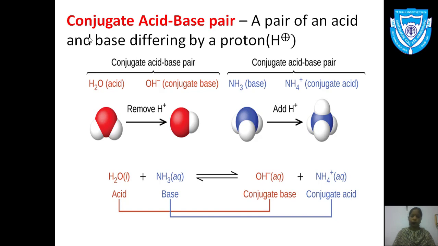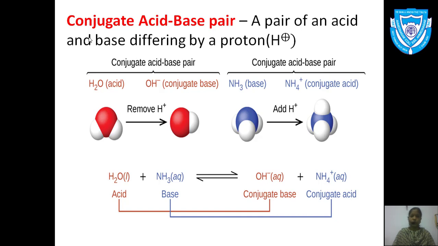Ammonia accepts the proton and forms NH4 plus, hence NH4 plus, the ammonium ion, is the conjugate acid of the base. Thus in Bronsted-Lowry acid base reactions, H2O and OH minus are a conjugate acid and base pair, and ammonia and NH4 plus are another conjugate acid and base pair.